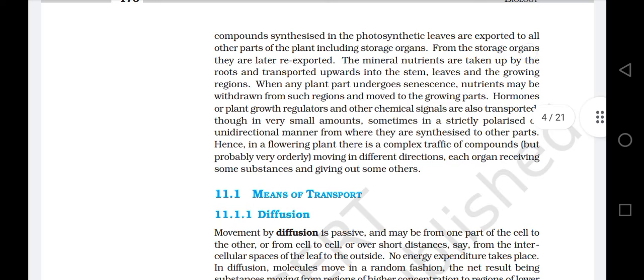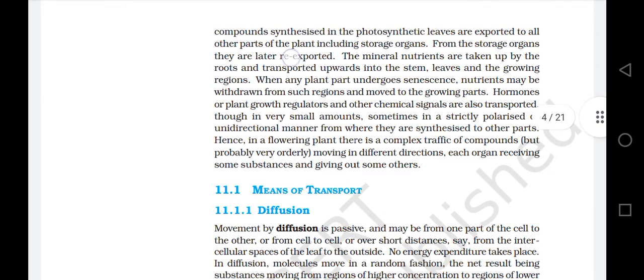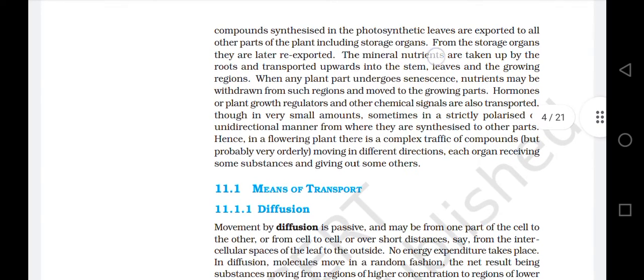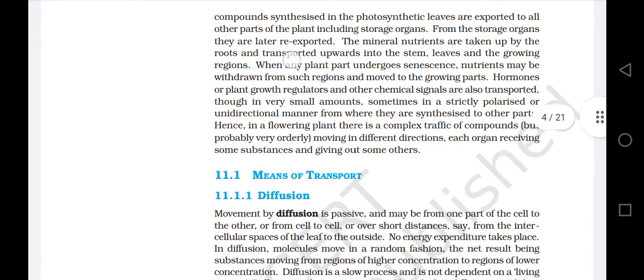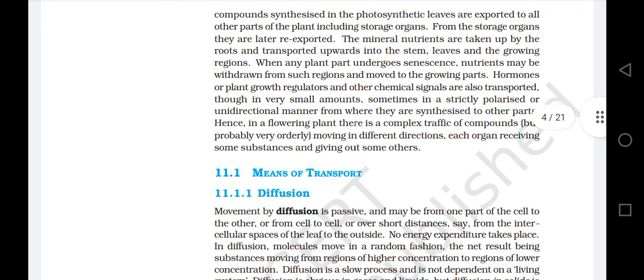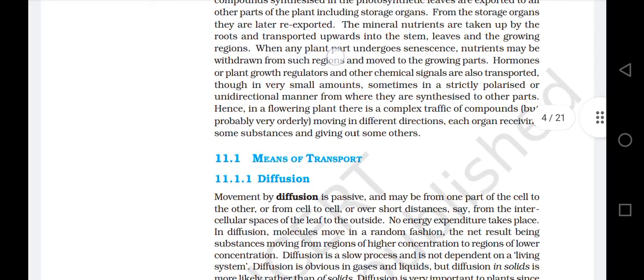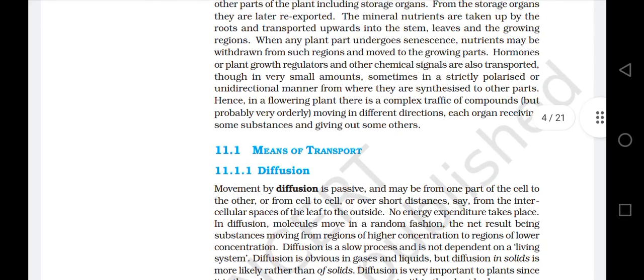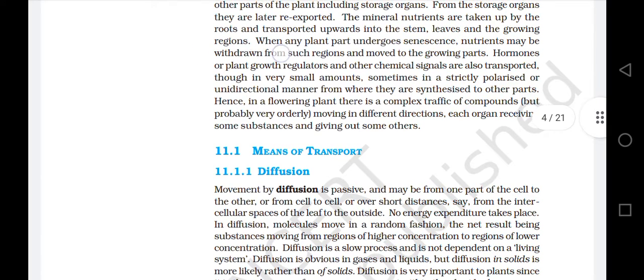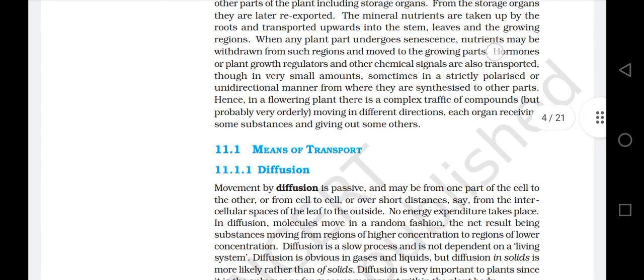From the storage organs, they are later re-exported. The mineral nutrients are taken up by the roots and transported upwards into the stem, leaves, and the growing regions. When any plant part undergoes senescence, nutrients may be withdrawn from such regions and moved to the growing parts.